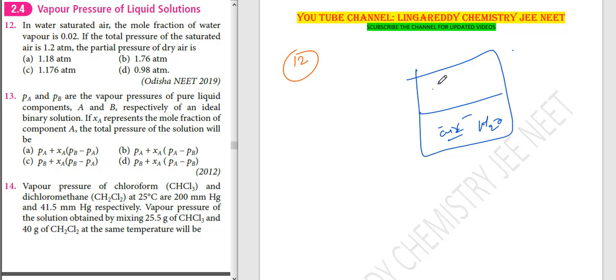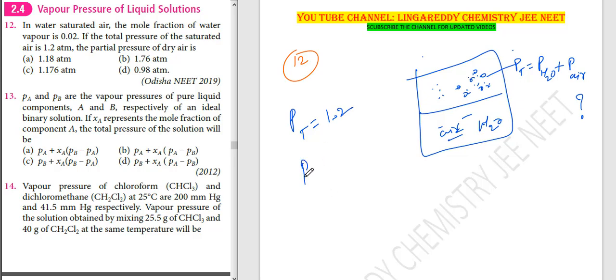So here air pressure is there, water pressure is there. So here P total equals P water plus P air. Now the question asks, P air how much? P total is given, that is 1.2.